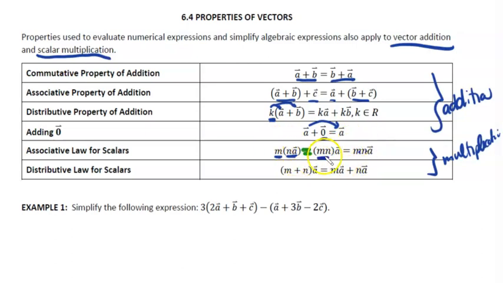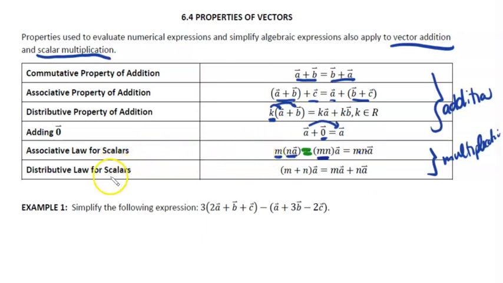This can be written with the brackets or without, however we want to group these. All of these yield the same answer. It doesn't matter what order we multiply scalars and vectors in, we're going to yield the same answer.